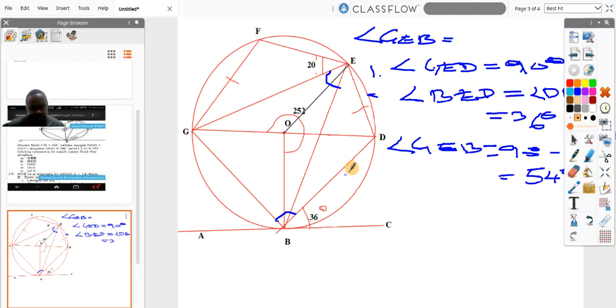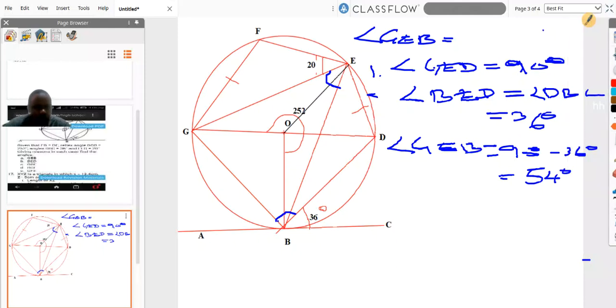And angle BED is equal to angle DBC, which is equal to 36 degrees. That is the angle subtended by the chord in the alternate segment is equal. So now just subtract and you get 54.